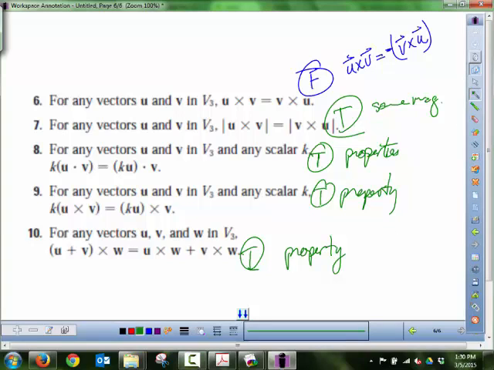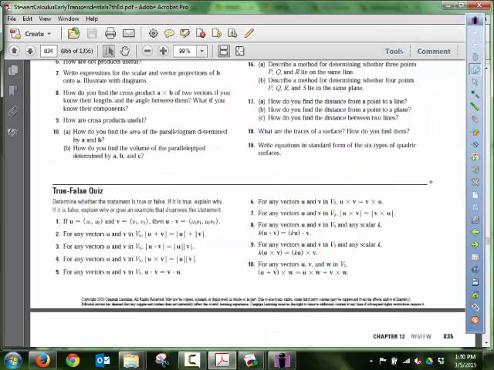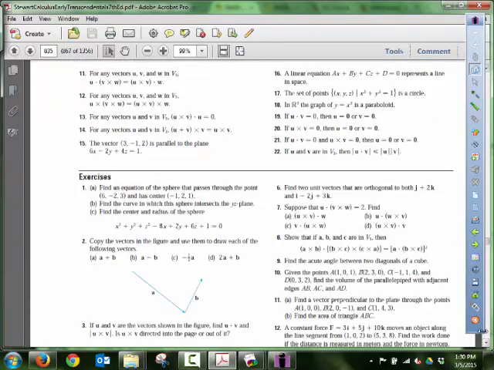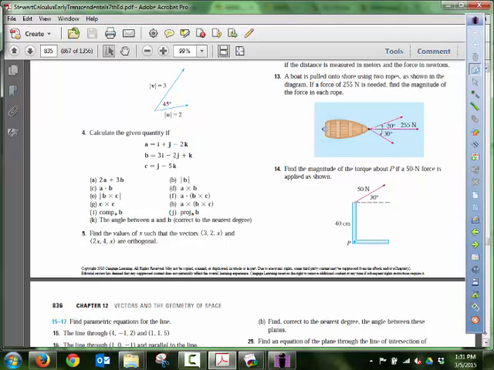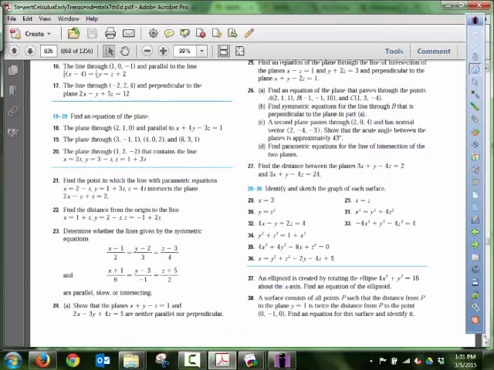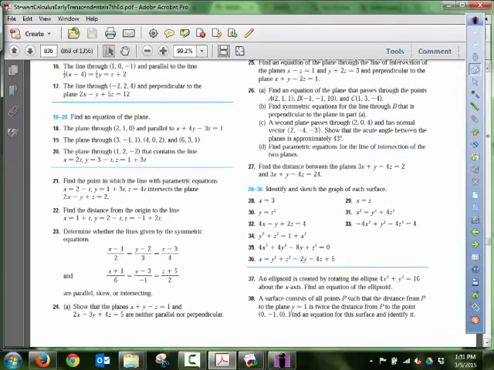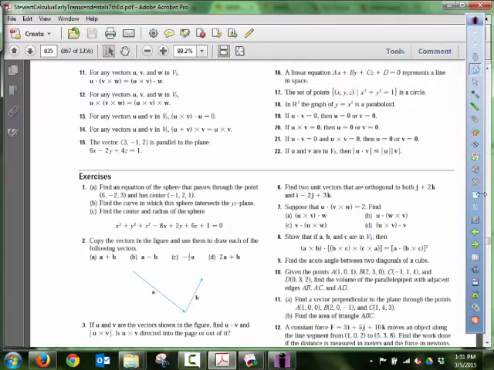Okay. Distance between two planes. Exercises. Oh, there's more. Look at that. Wait, can you go over one true false question I saw? It's quick.